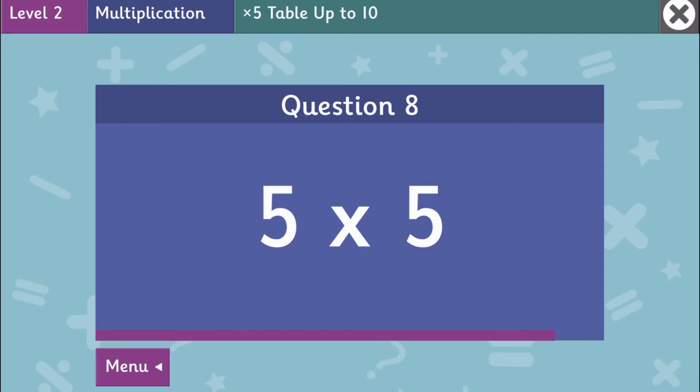Question 8, 5 times 5. 5 groups of 5. Question 9, 3 lots of 5. 5 multiplied by 3. And question 10, 9 multiplied by 5.